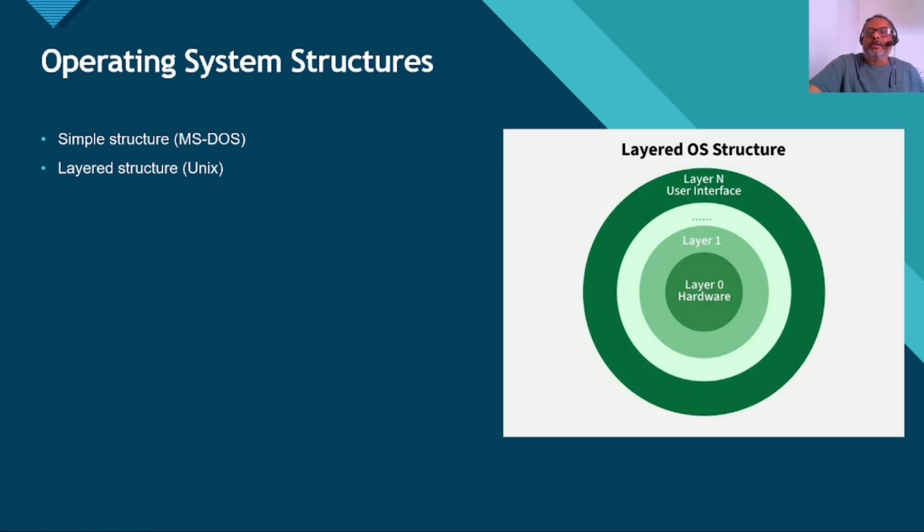So hiding is provided, security is provided, so that the upper layers cannot directly interact with the hardware. Only layer 1 will have the privilege to interact with the hardware. So if we seriously design layer 1, then the protection and security issues can be very well taken up. So that's the advantage of working with a layered operating system.